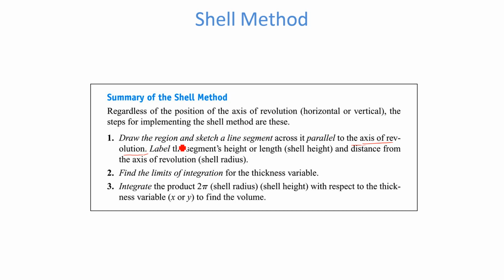Now, in this case, we are going to draw rectangular regions parallel to the axis of revolution. Label the segment's height or length, which is called the shell height, and the distance from the axis of revolution, which is called the shell radius. Find the limits of integration for the thickness variable. Integrate the product 2 pi times shell radius times shell height with respect to the thickness variable x or y to find the volume.